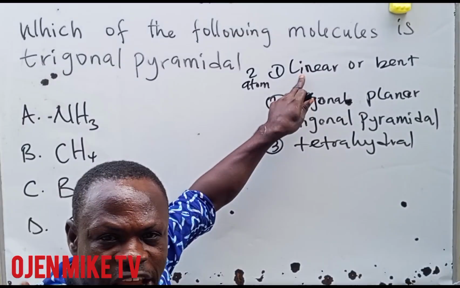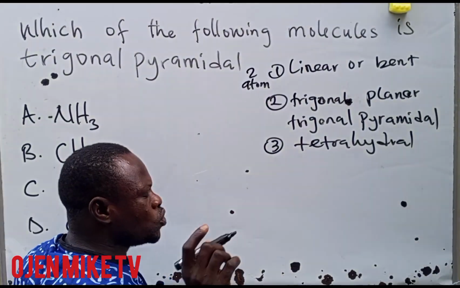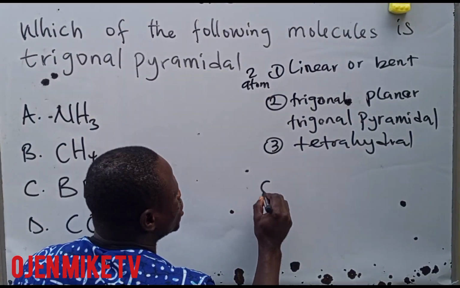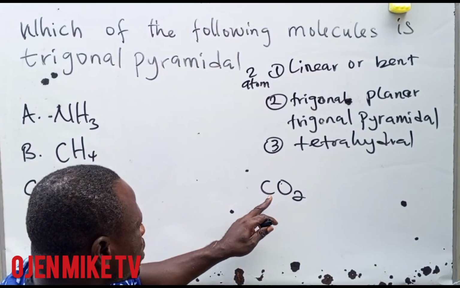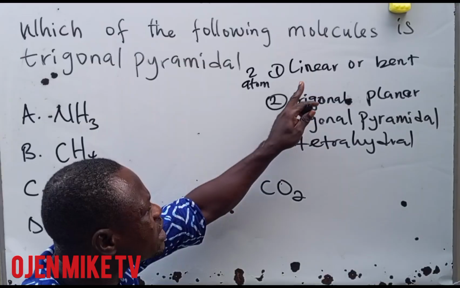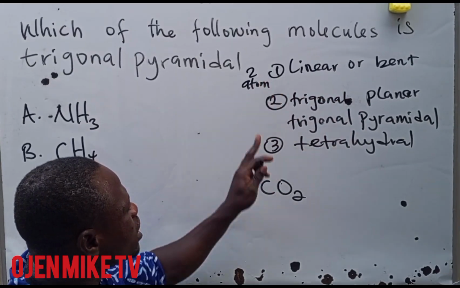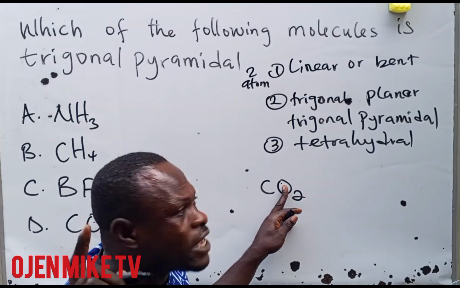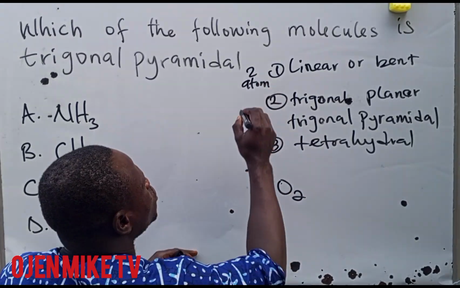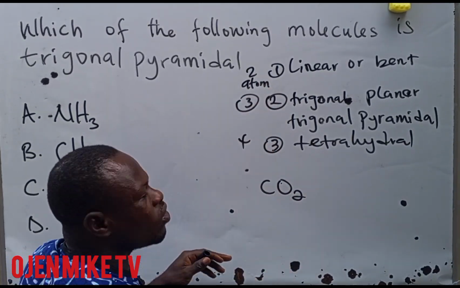Now, in the case of linear, let me use CO2, carbon dioxide. Let us see whether the shape of carbon dioxide is linear or bent. The central atom here is attached to 2 atoms. This one is 3, this one is 4. Do you get that?